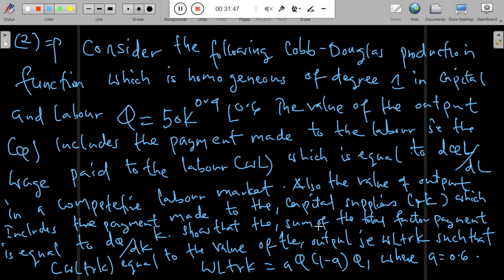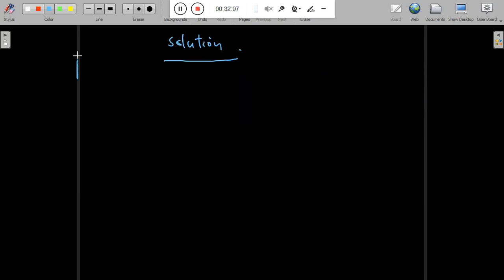Solution. Since we are required to show that the sum of the total factor payments, WL plus RK, is equal to the value of the output, we need to understand what we are solving.